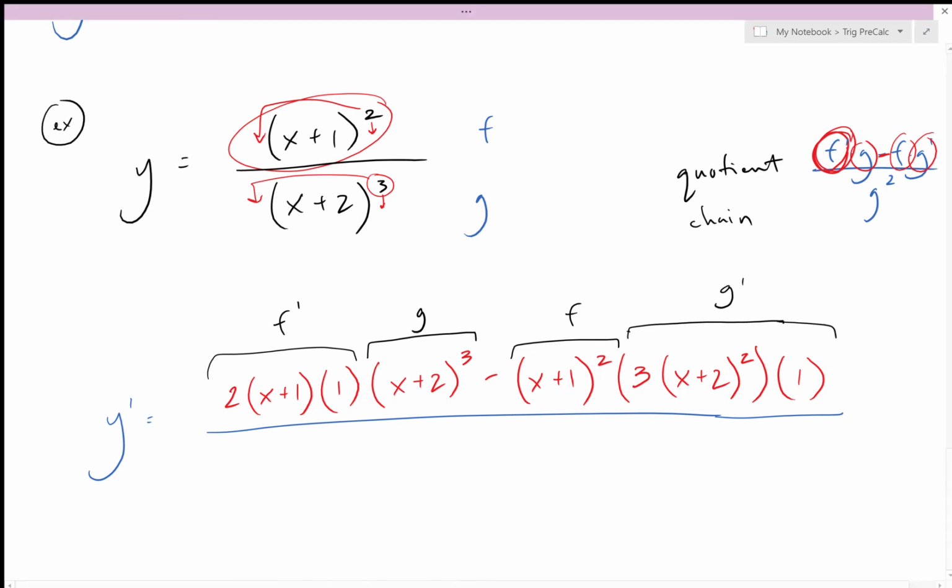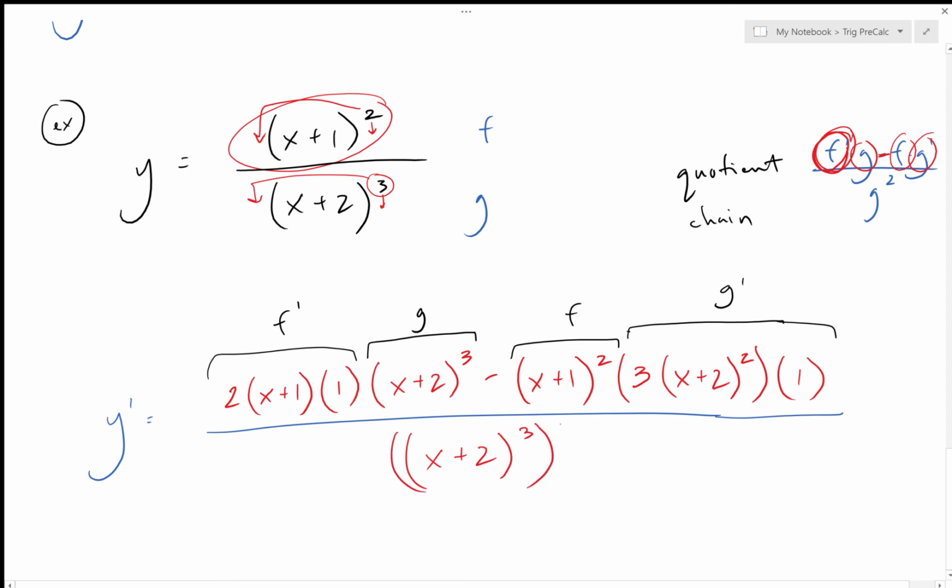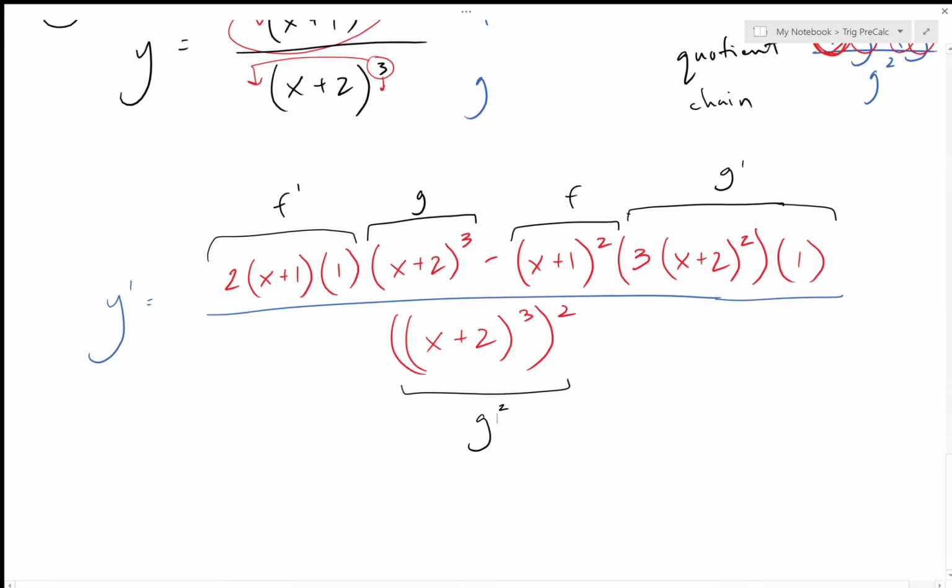And now what we're going to put on the bottom is g squared. So (x + 2)³, but the whole thing needs to be squared, and that thing down there is g squared. And you guessed it, we're going to clean this up as much as possible.